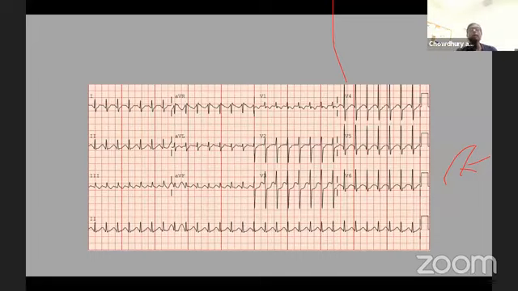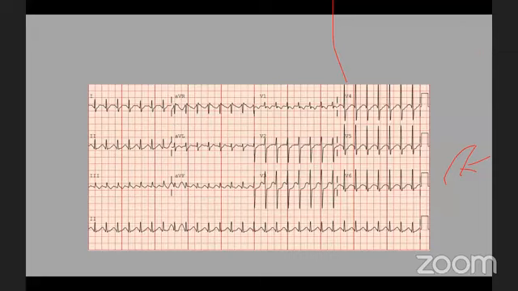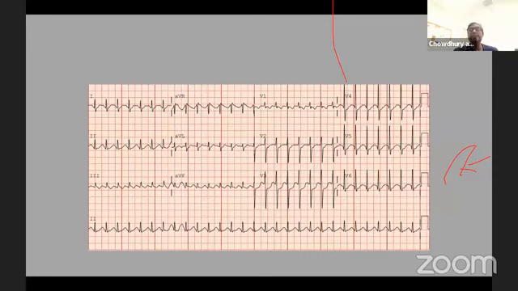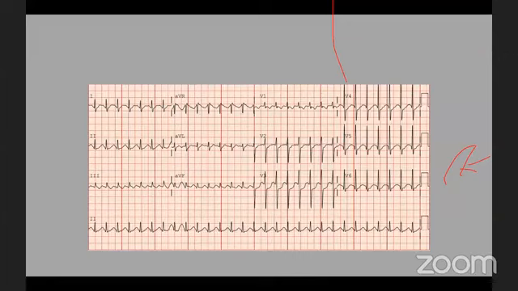For the younger guys: this ST segment depression should not worry you about ischemia. It is part of the changes with AV nodal re-entry tachycardia. Once you get rhythm control, the ST depression disappears. You may get a troponin, but it will be a minor troponin. So don't get worried.